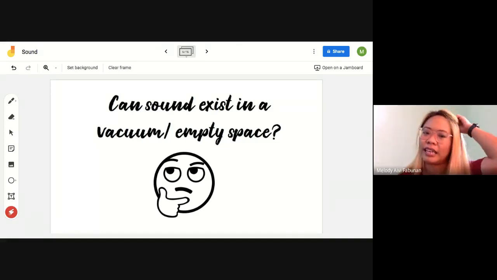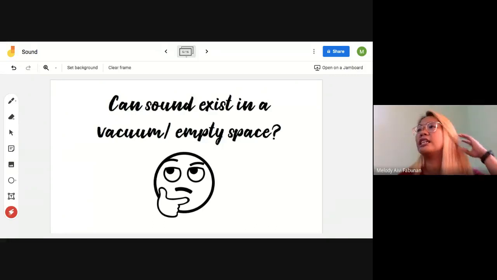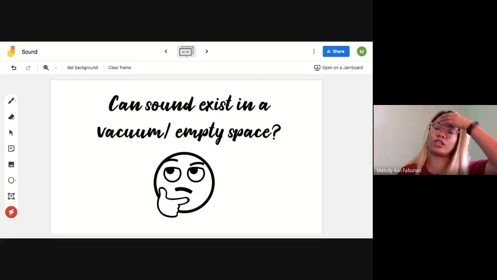It's basically an empty space. So do you think sound can be created in that kind of situation and can sound be transmitted in that kind of situation? So again, the question is, can sound exist in a vacuum or empty space? Write it down and then we are going to answer the question later on before we finish our discussion.